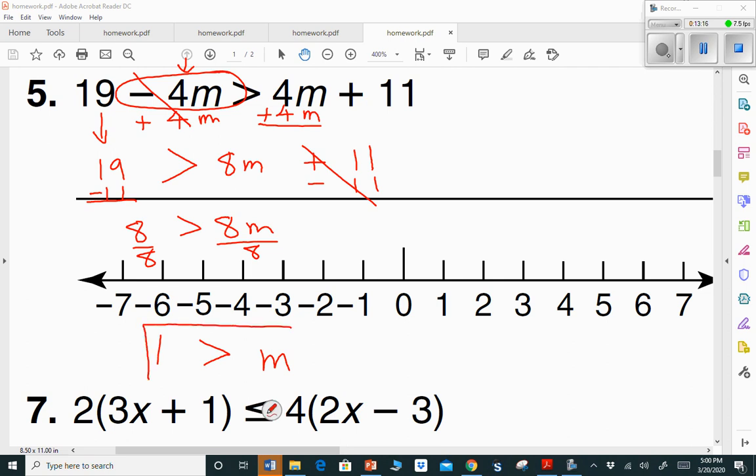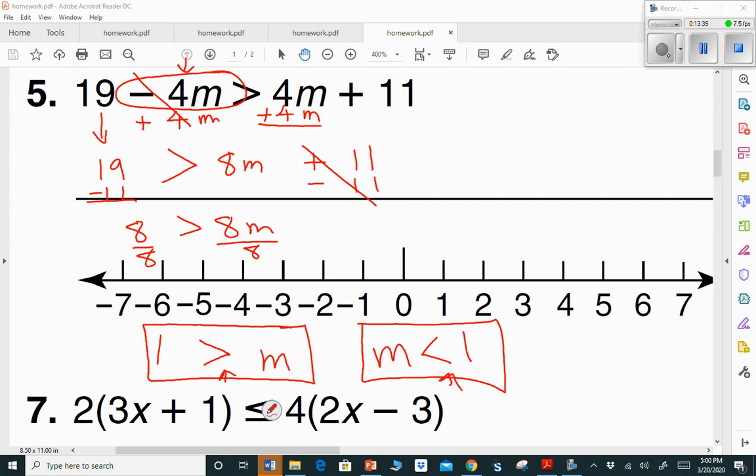Now, this is a perfectly good answer, but do you notice something that kind of looks like bad form? We like the variable to be on the other side, and so I'd really like you to make it say this. Does that make sense to you? I changed the greater than to less than.